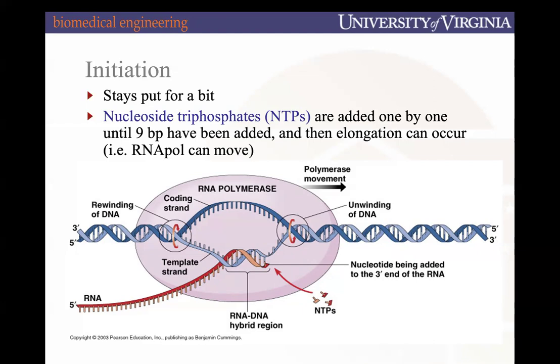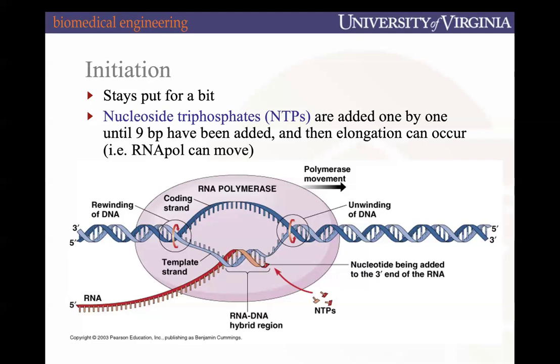As it starts synthesizing these base pairs, approximately 9 of them, once they've been added, then elongation can occur, where now RNA polymerase will start moving across our DNA. What's key to note is that it's using nucleoside triphosphates, NTPs, as the building blocks for the mRNA transcript.